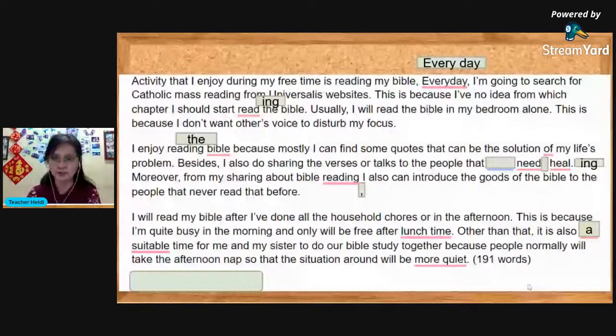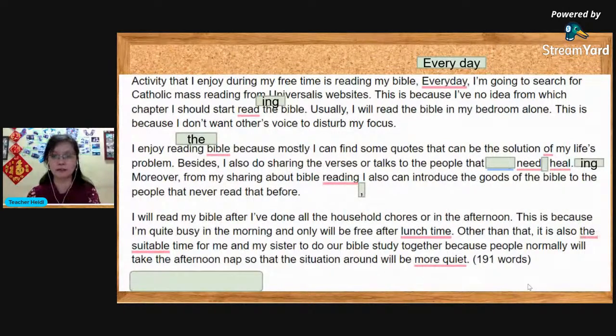"Okay, I will read my Bible after I've done all the household chores or in the afternoon. This is because I'm quite busy in the morning and only will be free after lunchtime. Other than that, it is also okay.